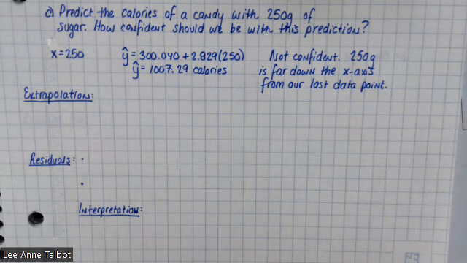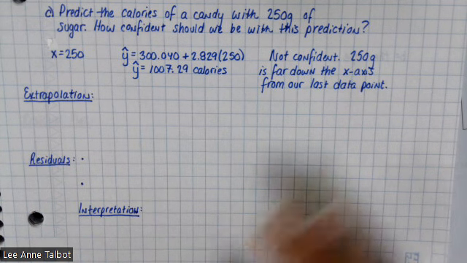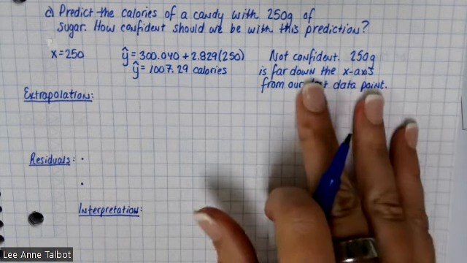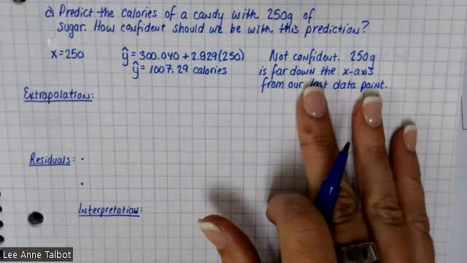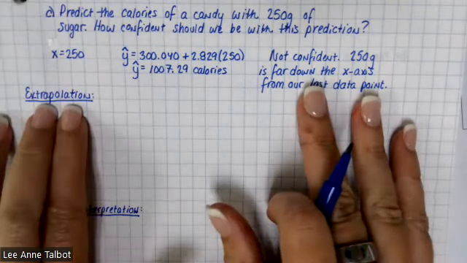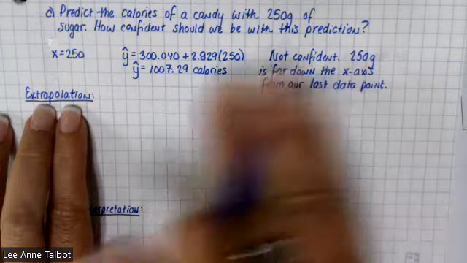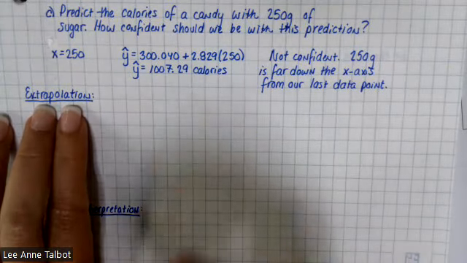Any questions so far about what we've done? We good so far? Okay, now doing this, making a prediction very far down the x-axis, either way, is actually called extrapolation. There is a vocab word for what we just did.